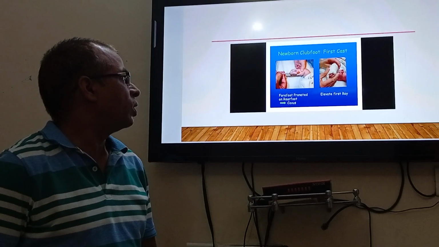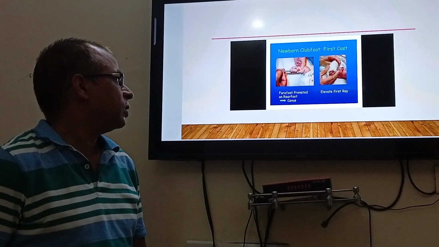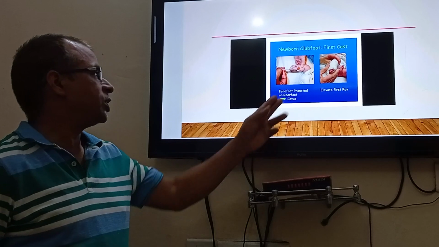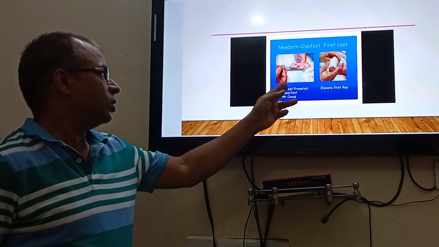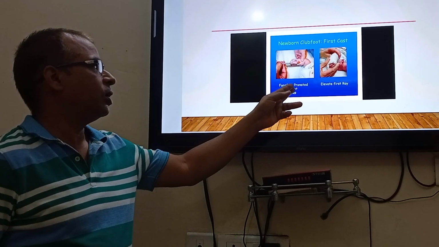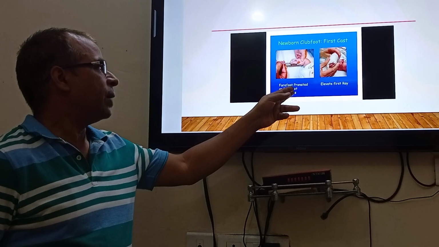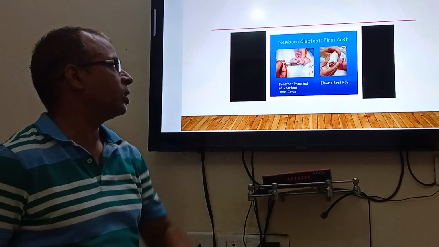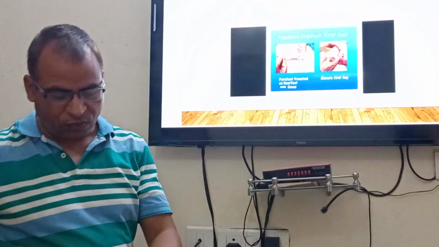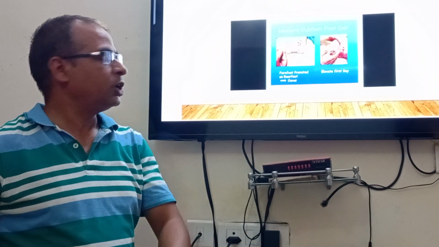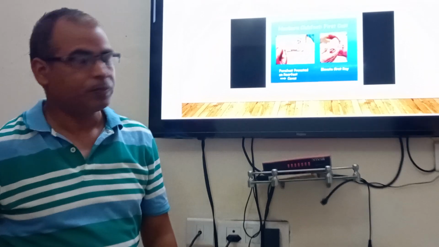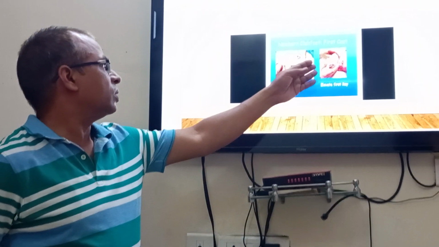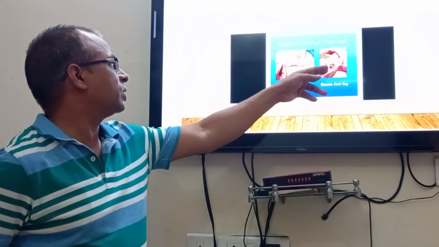In newborn clubfoot, in the first cast, the forefoot is pronated on the rear foot, which causes cavus. So we generally elevate the first ray. Only elevation of the first ray reduces the cavus deformity. So in the first cast, you can see this is the elevation of the first ray.